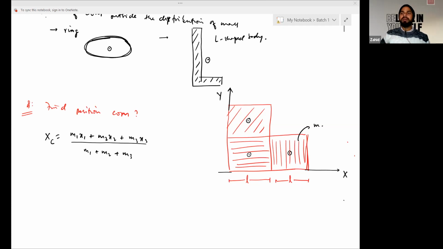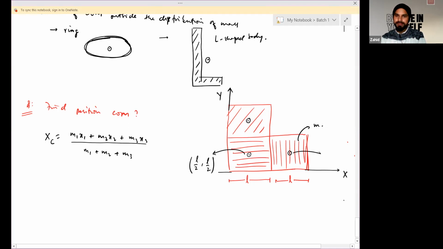Using this diagram, if you define the coordinates of center of mass of each body, for first, it will be at L by 2, comma L by 2. For the second, it will be at 3L by 2, comma L by 2. And for this, it will be L by 2, comma 3L by 2.